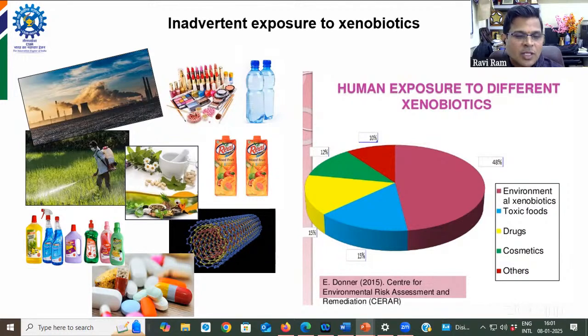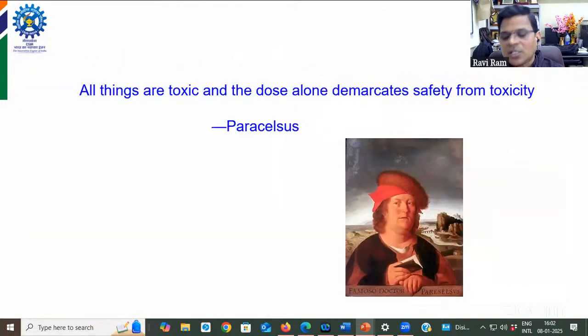Whether you're using cosmetics or eating something or drinking something, you're always getting exposed to chemicals. And the father of toxicology, Paracelsus, defined it very clearly way back in the 1700s: everything is toxic. How many people think that water is safe?